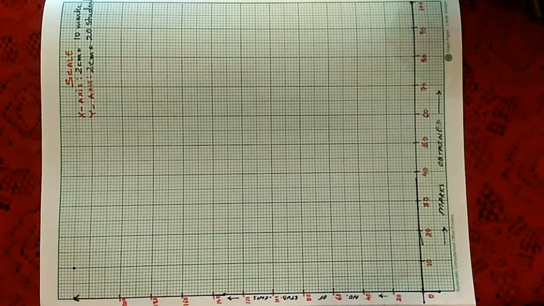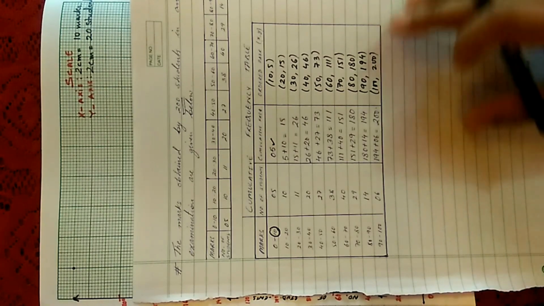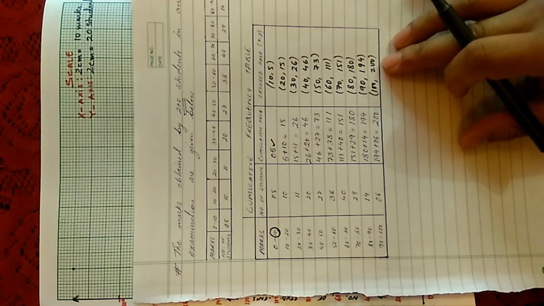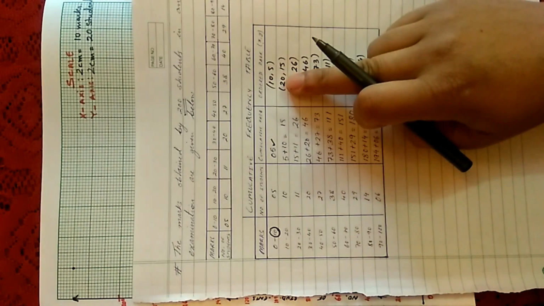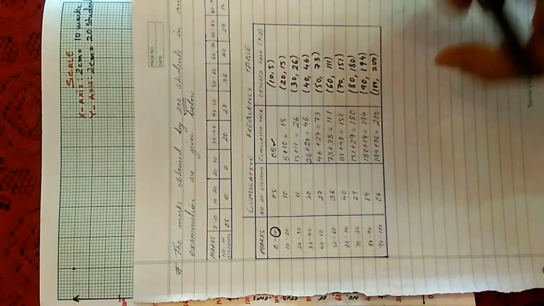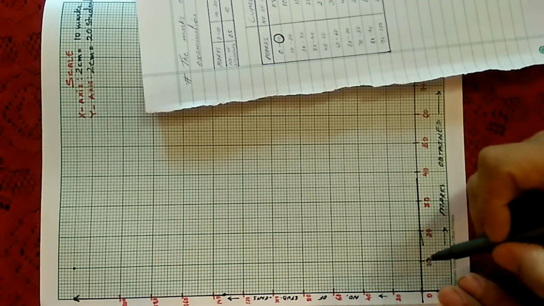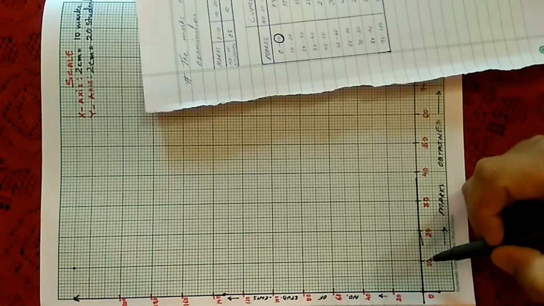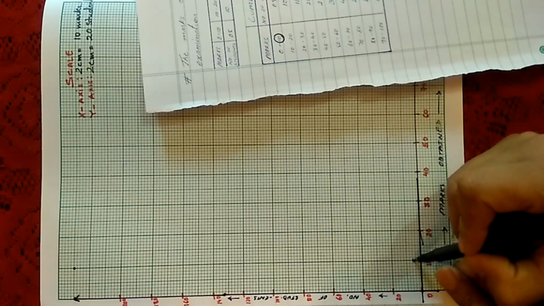Now using the table that we have, we are going to plot the ogive or the cumulative frequency curve. So the first is 10, 5. Where will it land? Now where is 10? This is 10. Now we'll have to find the value 5. Plot 10 here and 5 will be exactly in between, somewhere out here.